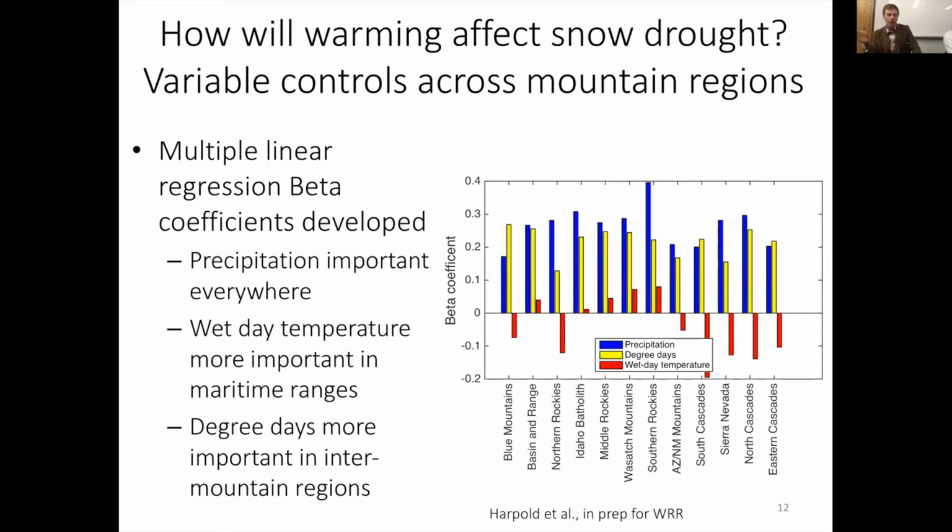The Southern Rockies are kind of one end member where they're very precipitation sensitive, and the Southern Cascades or the Oregon Cascades are another end member where they're much less precipitation sensitive, but very wet day temperature sensitive. So again, the hydroclimate, the variability of all these different climatic and topographic controls really gives rise to different sensitivity.